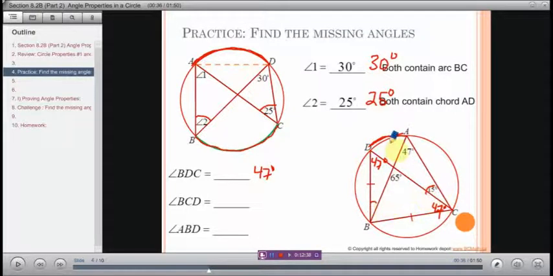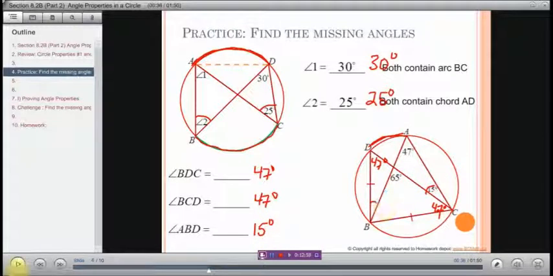It's kind of like bunny ears as well. So that's 15, so that must also be 15. So this is 47 because of the equal chord rule, and the bunny ear rule tells us this is 15. There's other ways you could figure that out, but that's the most direct one.